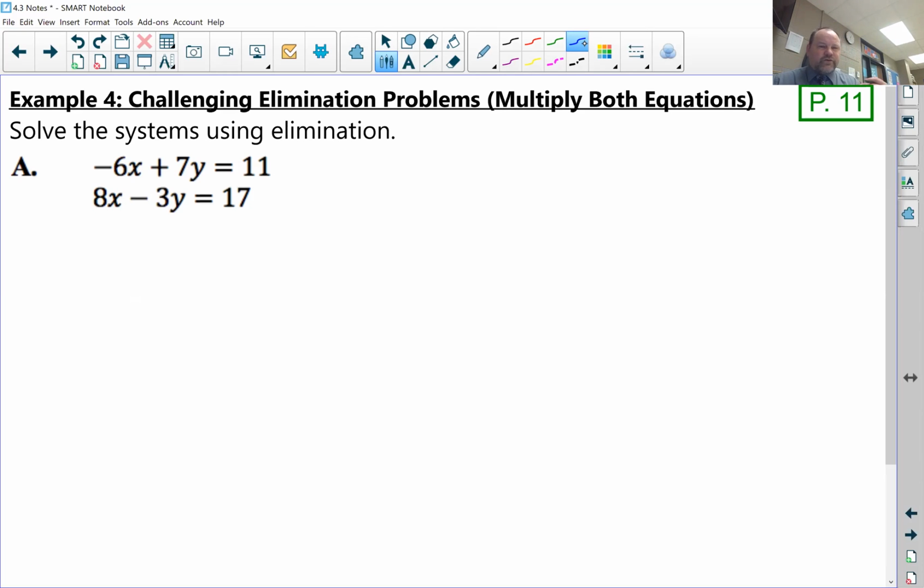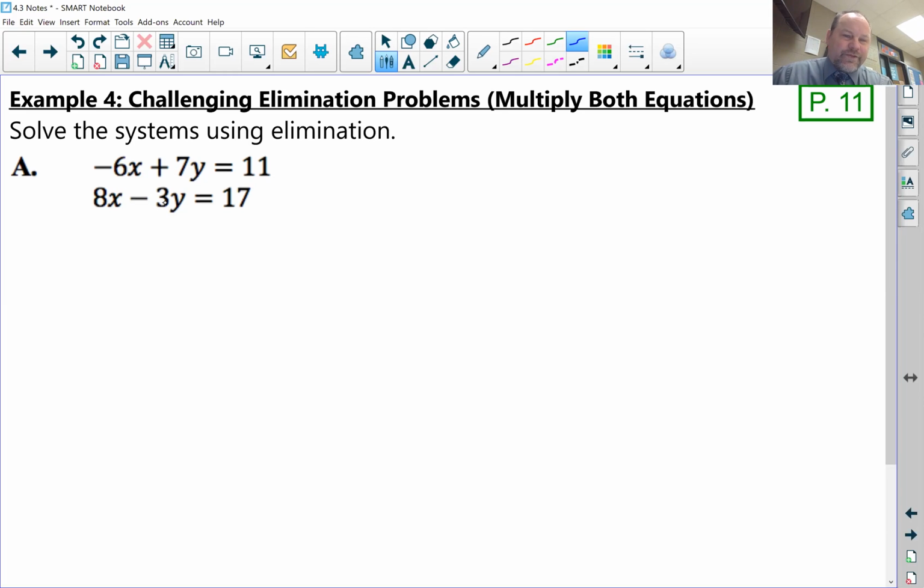One thing that you could do is look at, do I have coefficients that are already opposite sign, not opposite number? In this case, I do. Both my x's and my y's have opposite signs. One is positive, one is negative. So then I would look at possibly the smallest coefficients, and they're pretty close.